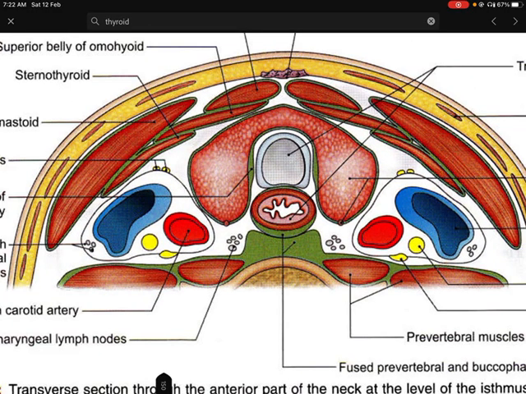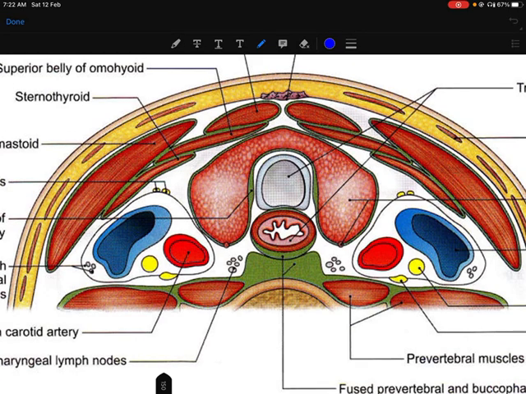So this is the thyroid. This is the false capsule surrounding it, and it's derived from the deep cervical fascia.